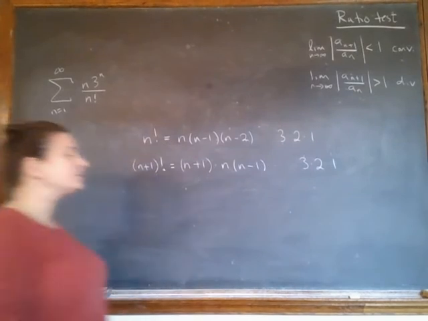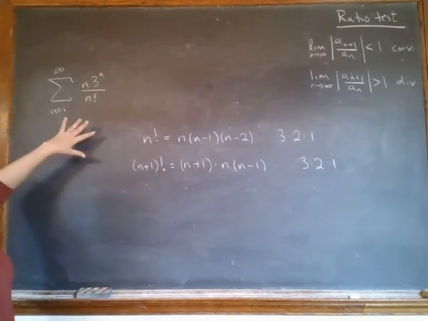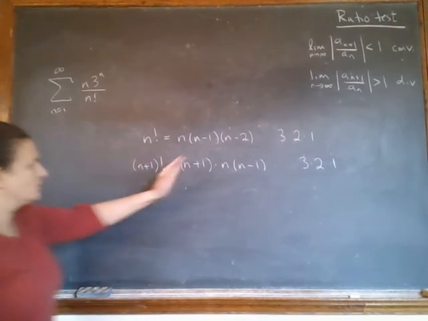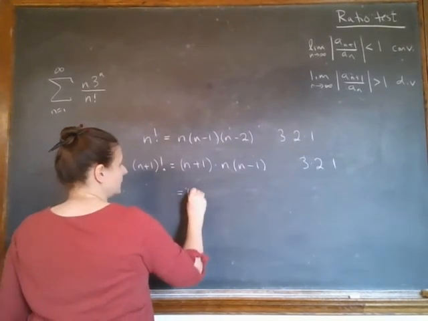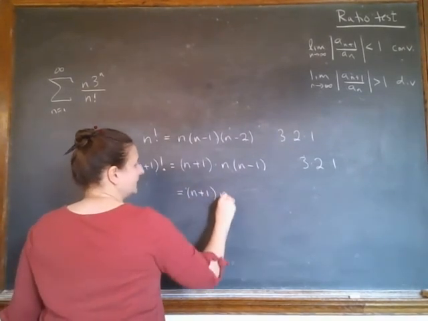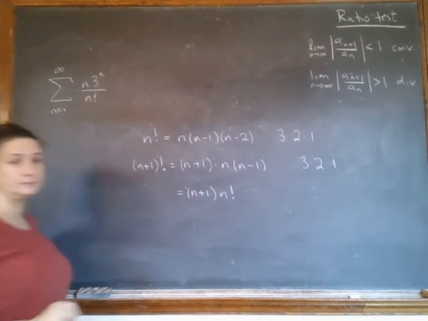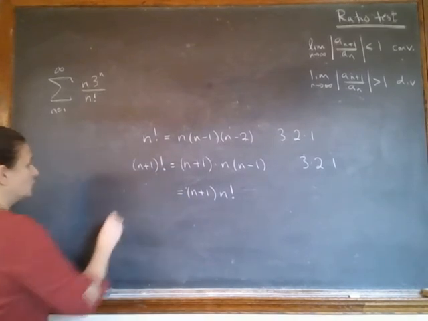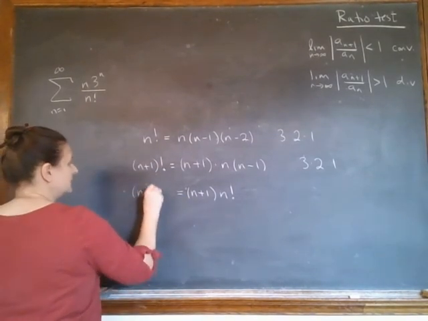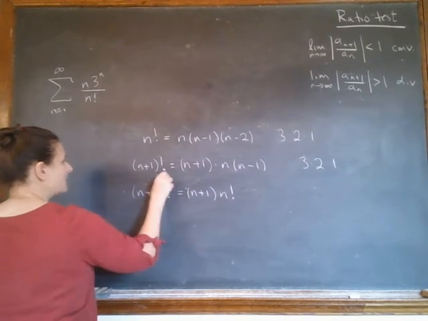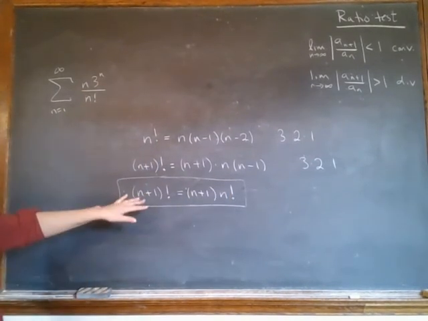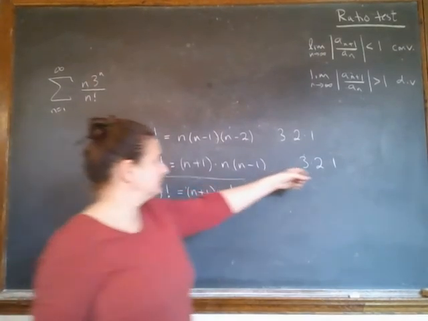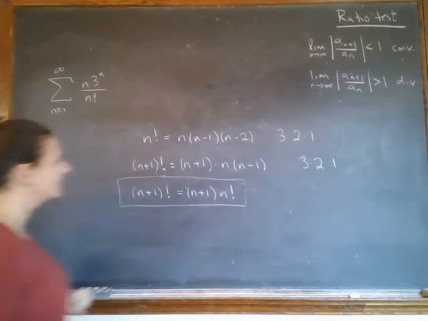So what is particularly useful with these is if I notice, well, this here is just n factorial. So if I want n plus 1 factorial, I can write n plus 1 times n factorial. Okay? So we will use this often. If you don't want to, you can just write it out. Things cancel out, and that's fine.